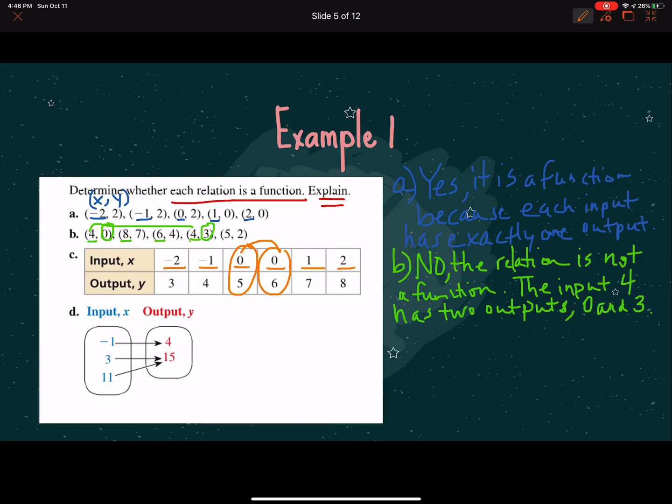So 0 is being shared between the output or y values 5 and 6. Therefore, this relation is not a function. So we're going to come over here and add our response for part C. I may not start out with yes or no. I could start out with just saying the relation is not a function.